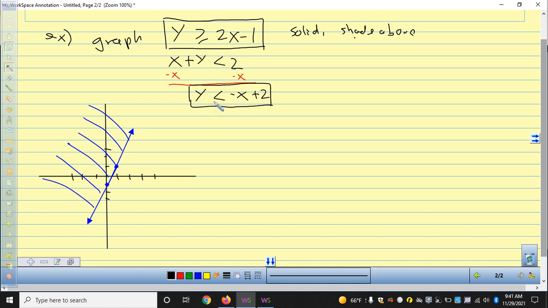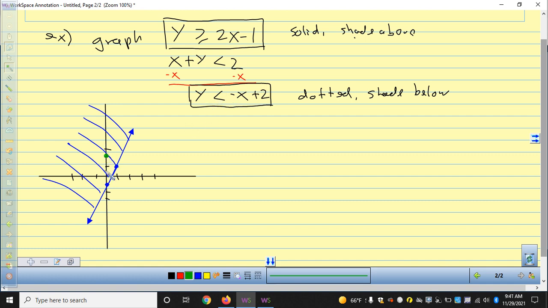For this second one, we're going to graph it dotted because it's less than. There's no equal. And we're going to shade below. So let's grab this line. I'll do that in green. The y-intercept is 2. So we're going to start here. And the slope is -1.